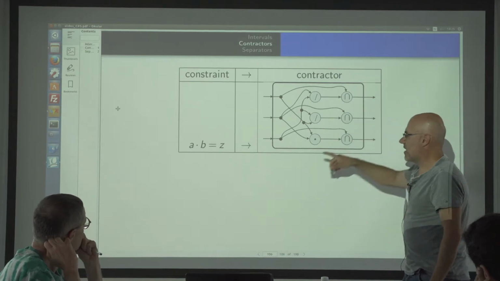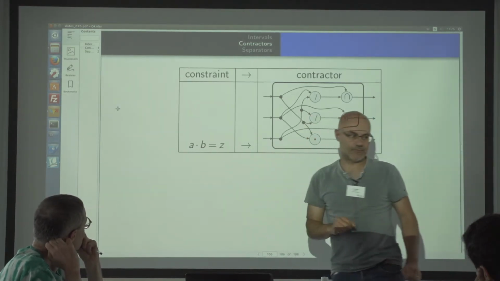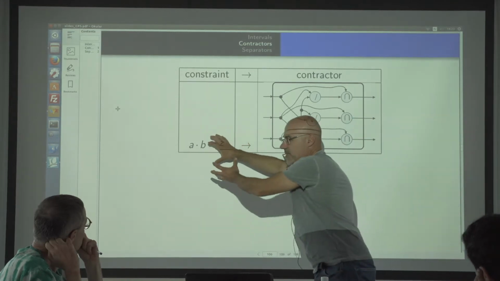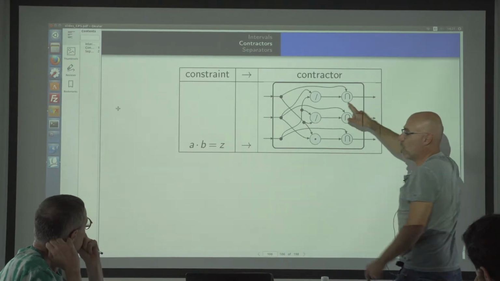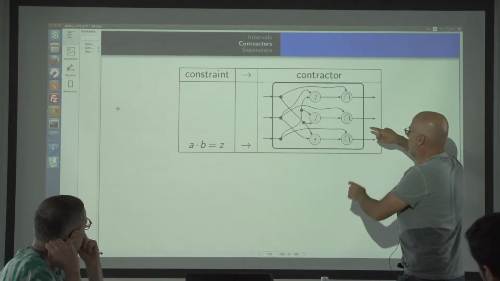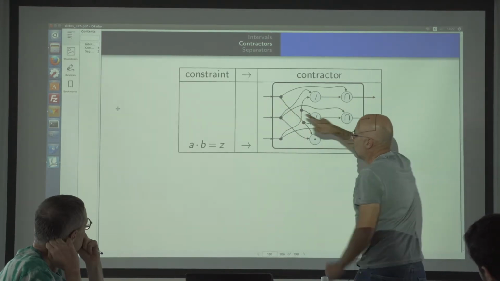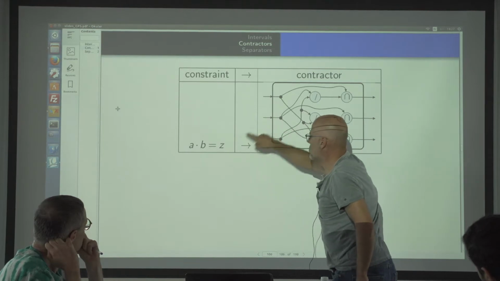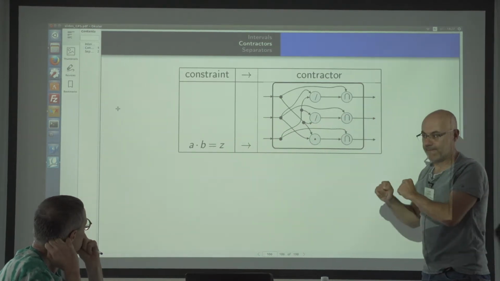So for instance, if I have this constraint, which links A, B, and Z, I will represent it by some kind of contractor circuit, the one we've built before for the sum, okay? So with the intersection, and I have to remember that this one corresponds to A, this one to B, this one to Z. Okay.